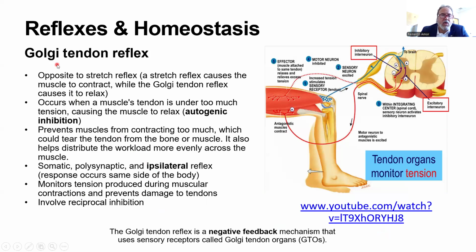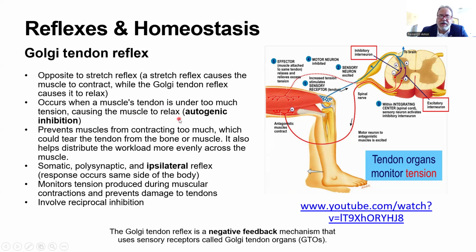We have also the Golgi tendon reflex, which is antagonistic to the stretch reflex, to the patellar reflex. These receptors are located in the tendon. So it's opposite to the stretch reflex. It occurs when a muscle's tendon is under too much tension, causing the muscle to relax.